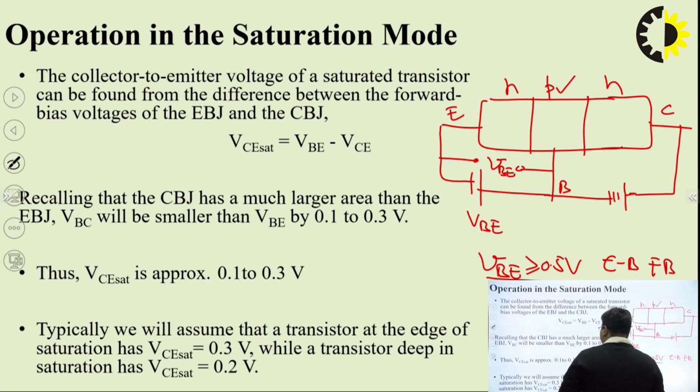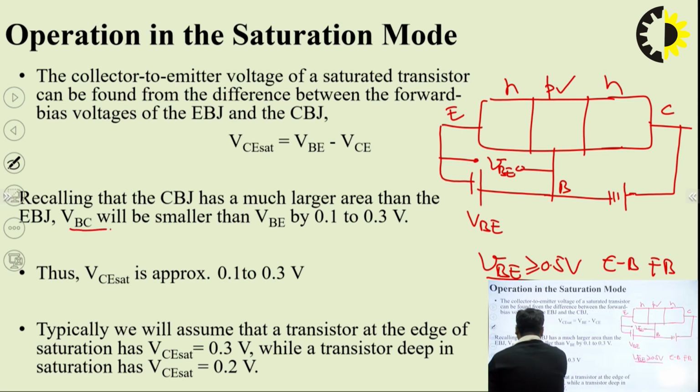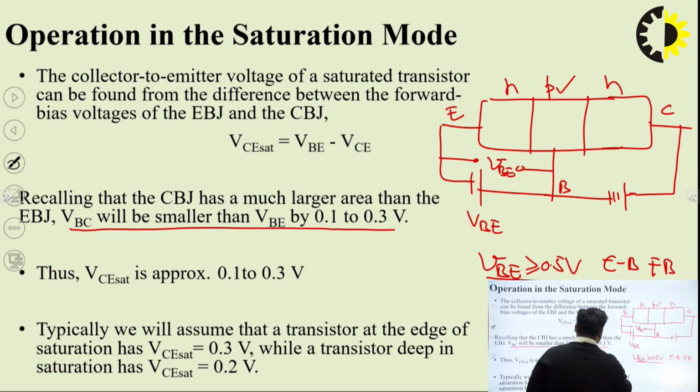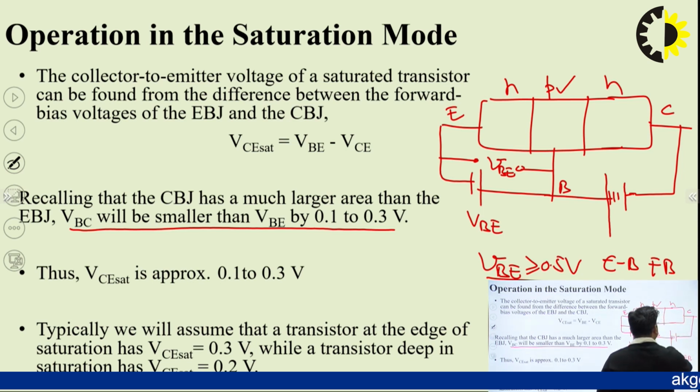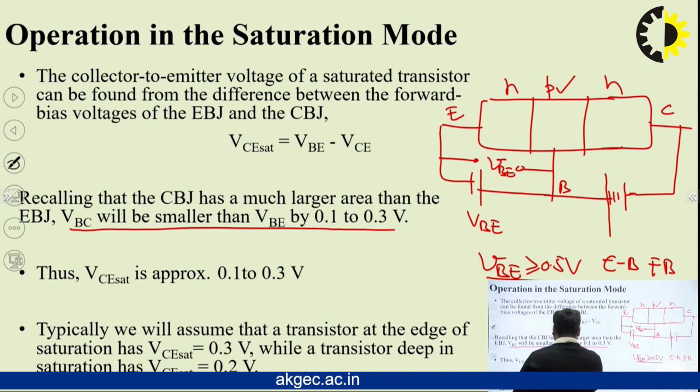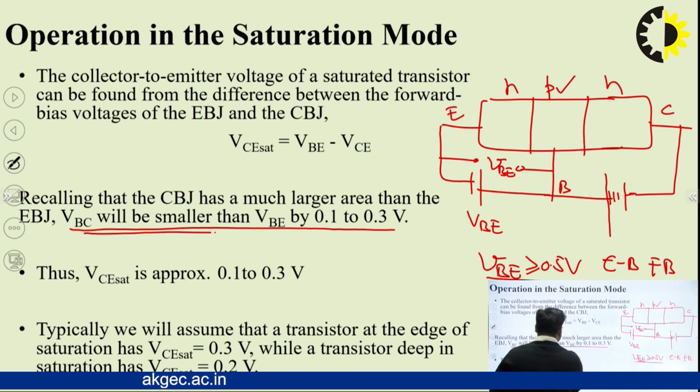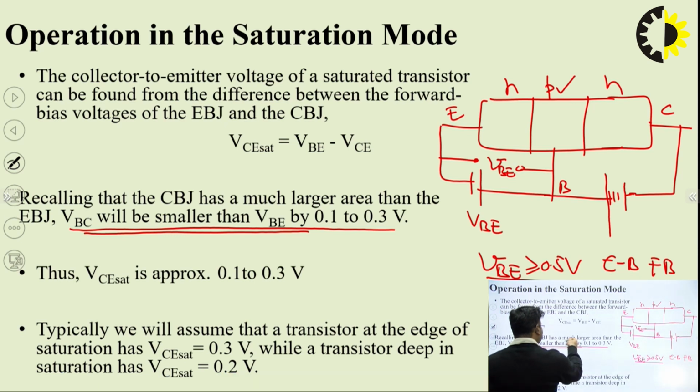Now in saturation mode the terminals of the battery are reversed: negative is connected to N, and positive is connected to the base. This junction will be forward biased if and only if VBC is smaller than VBE, then it is forward biased, otherwise it is in reverse bias condition.